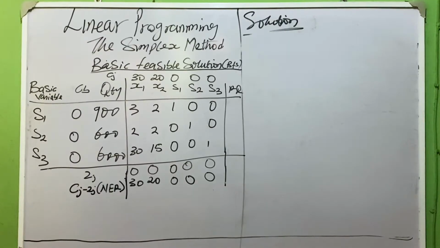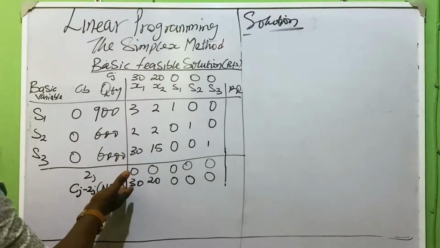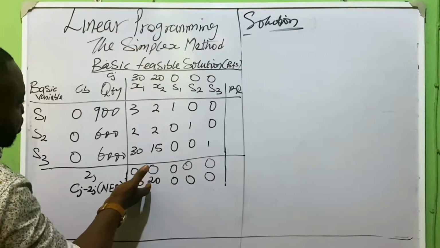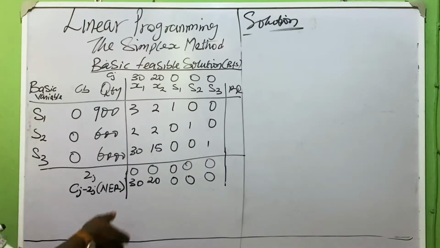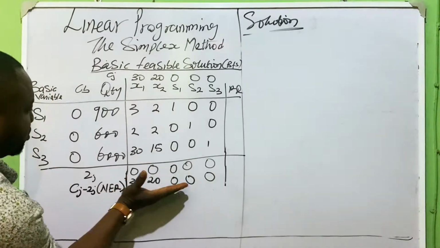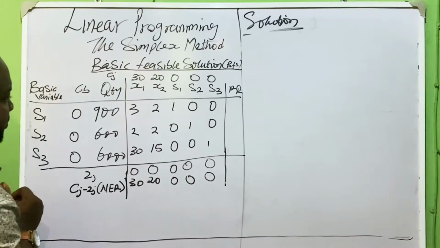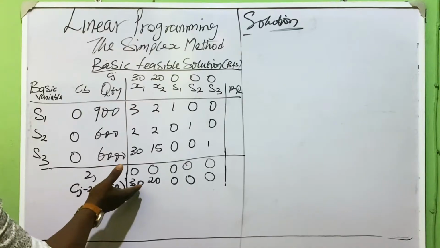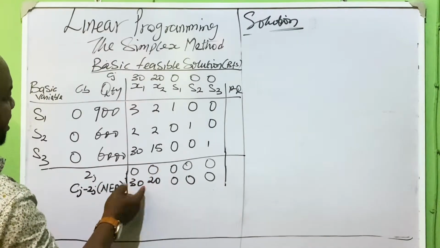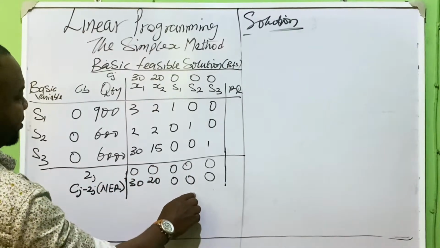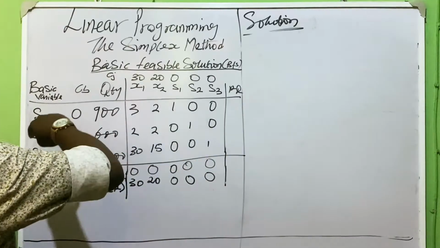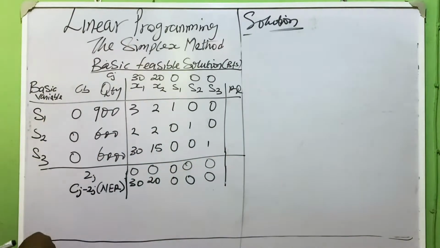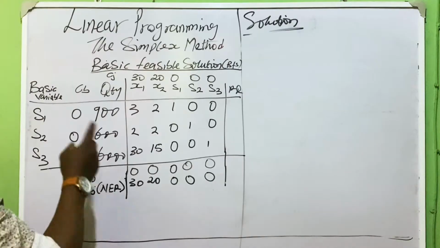So we want to find out which one leaves and which one comes in. By a very simple explanation, we choose the incoming variable by visual inspection. Because we have a maximization case, what these values mean is that the introduction of any of them will increase the profit standing by that proportion.